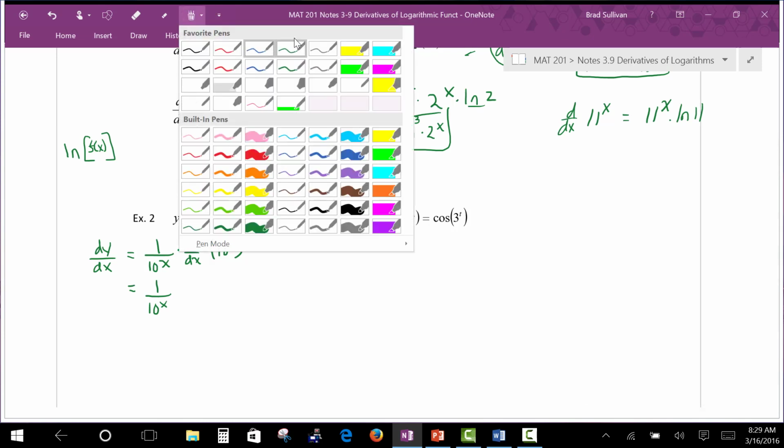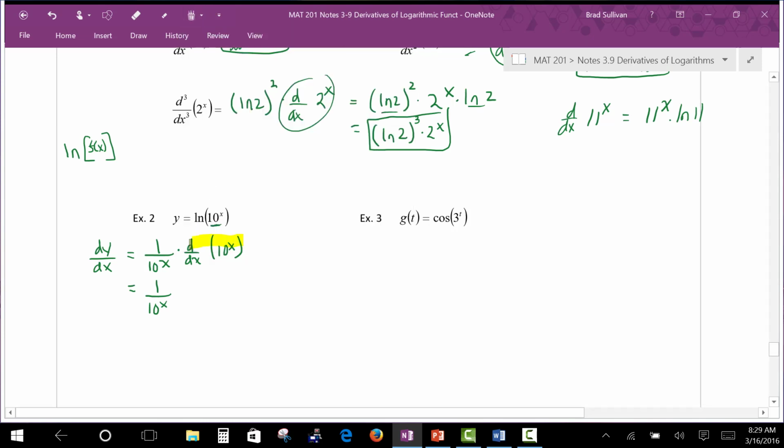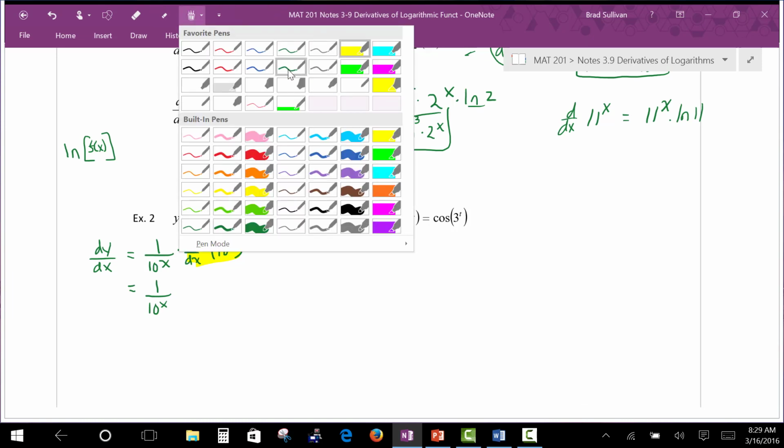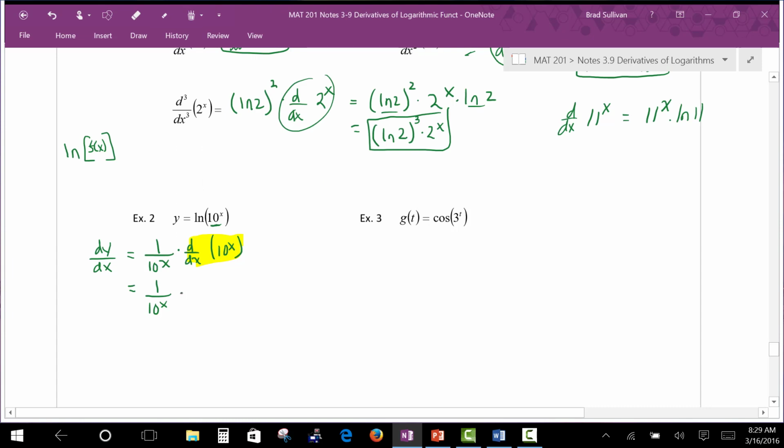And when you do this second derivative, what is the derivative going to be of 10 to the x? 10 to the x times ln of 10. Good, so that's the rule that we're working on right now. That derivative is going to be itself times ln of 10.